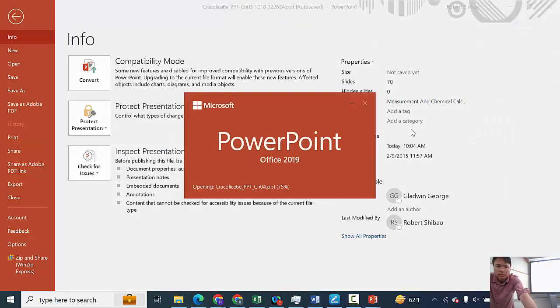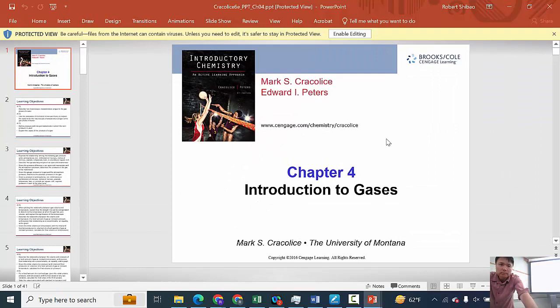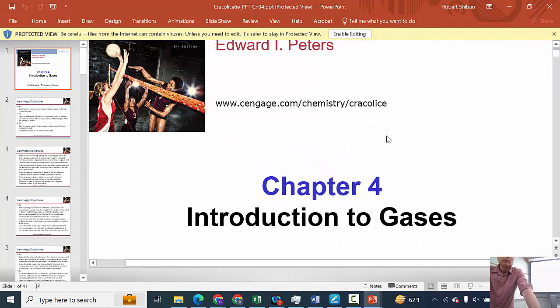I guess I should download it already. The two common techniques that I discussed for problem solving are one, dimensional analysis, and two, algebraic equations. The third common technique is when we have a system of equations, that is two equations and two unknowns.